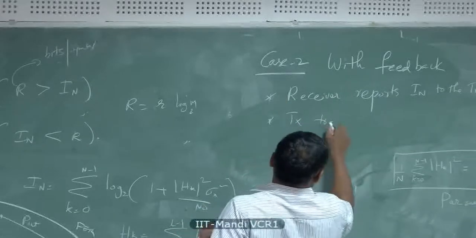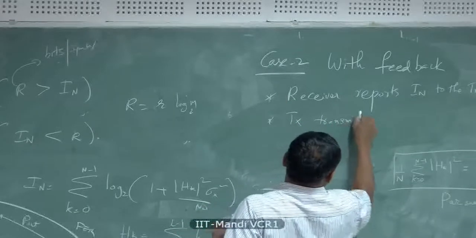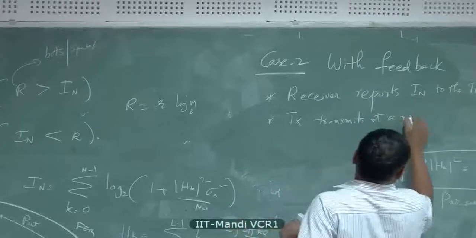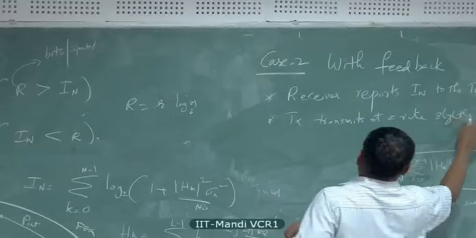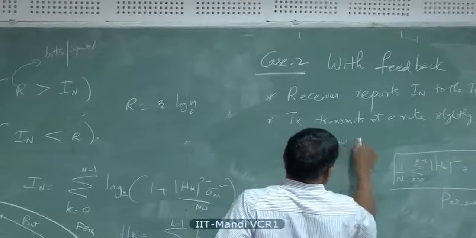The transmitter transmits at a rate slightly below IN.